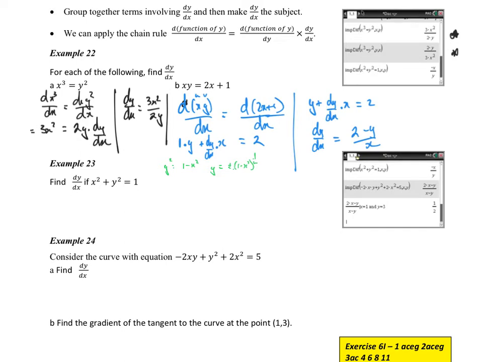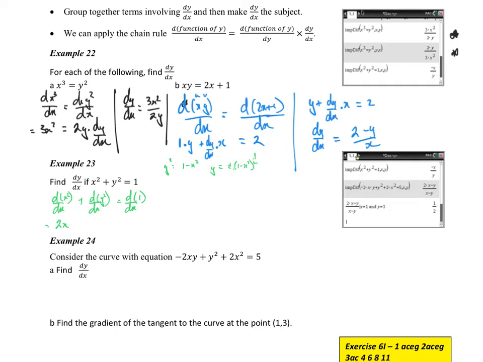So again, differentiate every term with respect to x. d dx of x squared plus d dx of y squared equals the derivative of 1 with respect to x. So the derivative of x squared with respect to x is 2x.